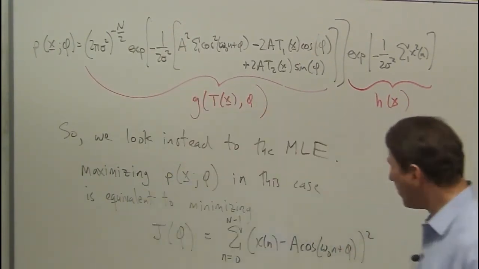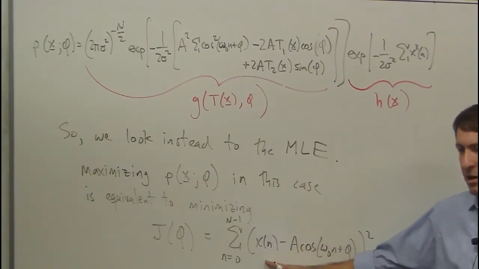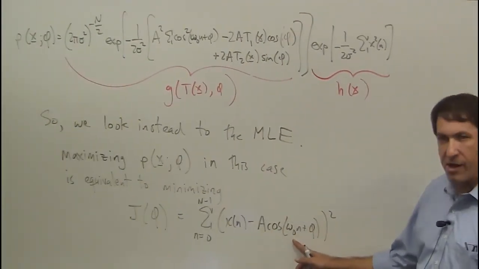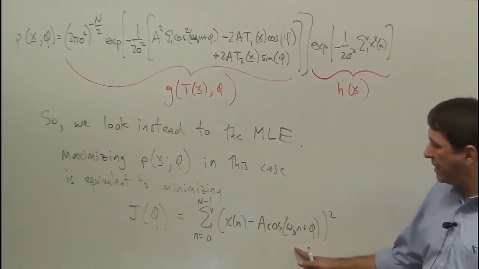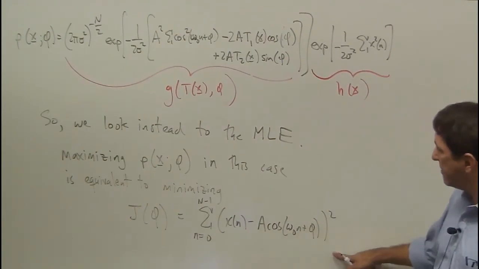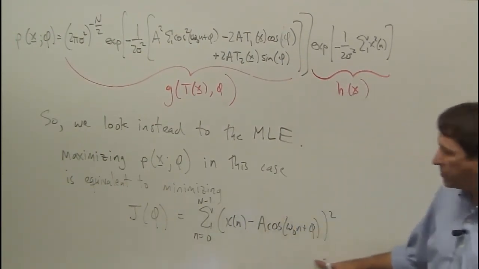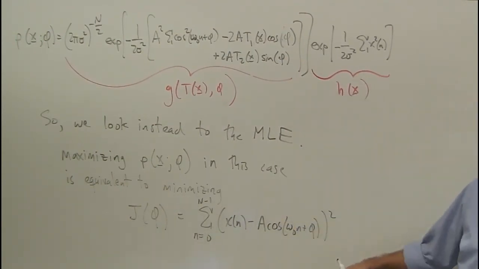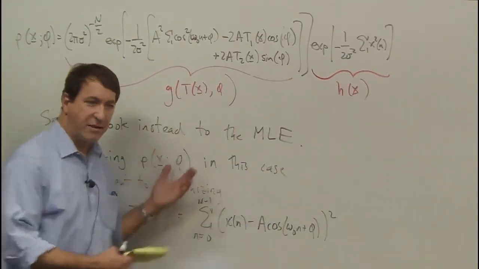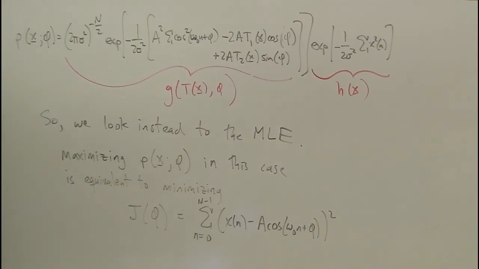So we measure the x's, we know the value of a, we know the value of omega 0, and given all those values, we want to choose the phase phi that makes this as small as possible, because that will make the e to the minus times this as big as possible and thereby maximize the likelihood function.